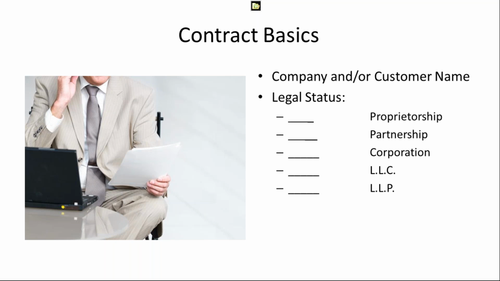I could say Vann and Son, comma LLC, and not actually be incorporated, even though I have the LLC name behind the Vann and Son. I know a lot of companies, a lot of individuals that will put Inc. or company in their name, and they have not done anything to incorporate their business.